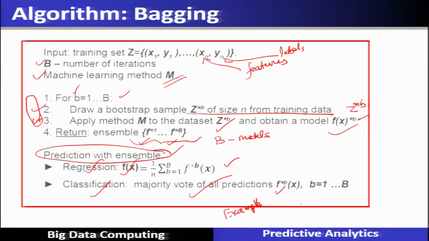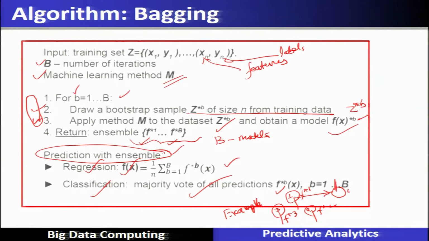Let us say these are decision trees, number 1, 2, 3, represented as f star 1, f star 2, and f star 3. These different trees give out results in the form of, let us say, fruits.